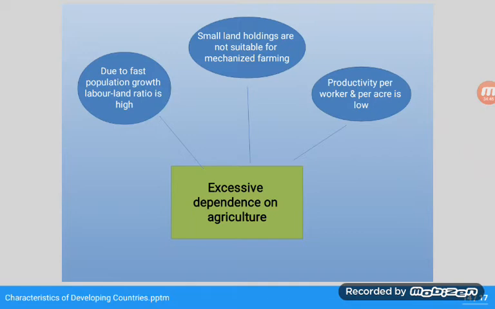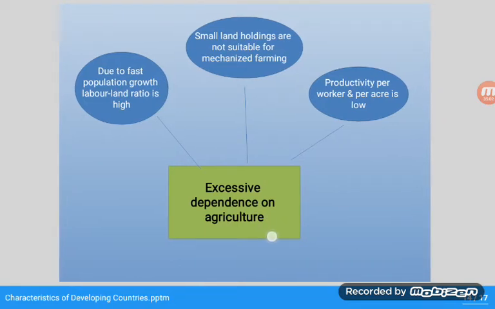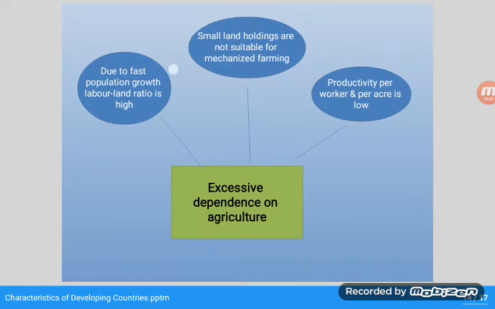Then developing countries are excessively dependent on agriculture. Okay, I have repeated this point twice, I think, before. But what are other things happening? One, they are excessively dependent on agriculture, but population is growing faster and the labor land ratio is high.